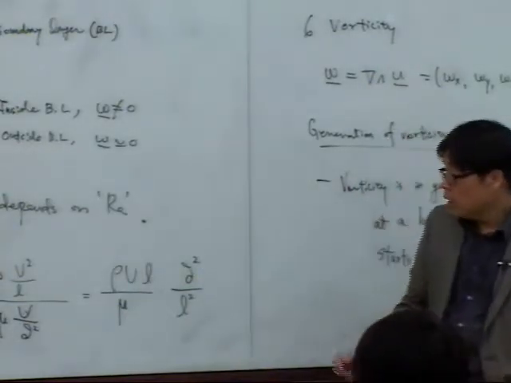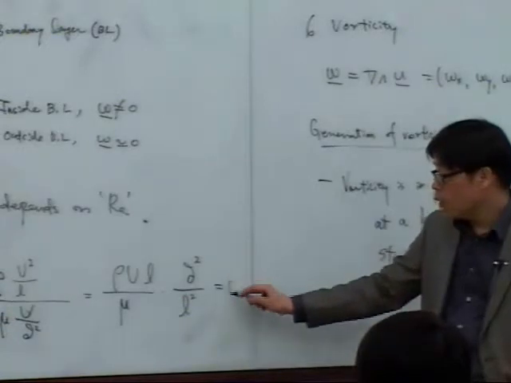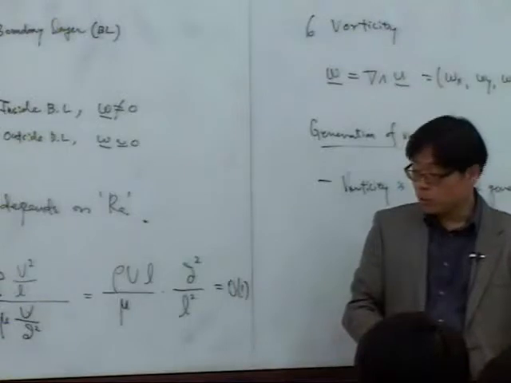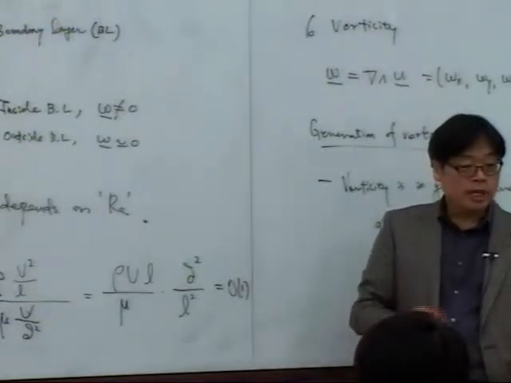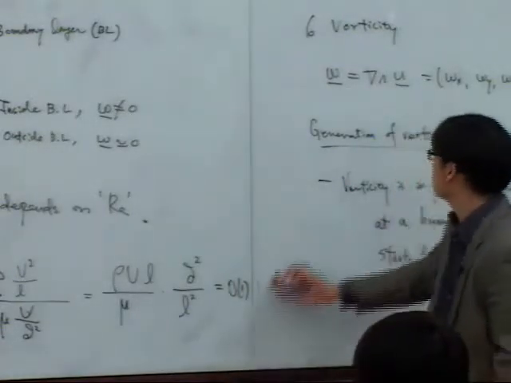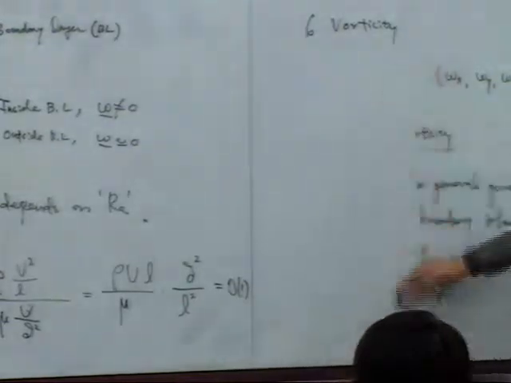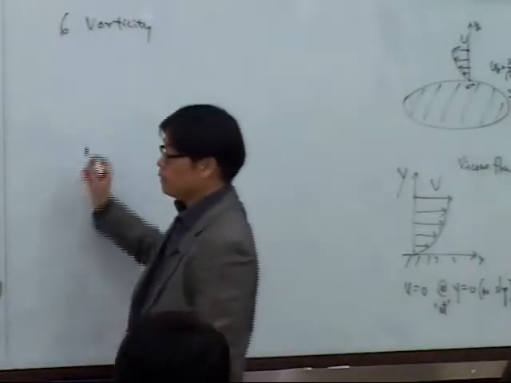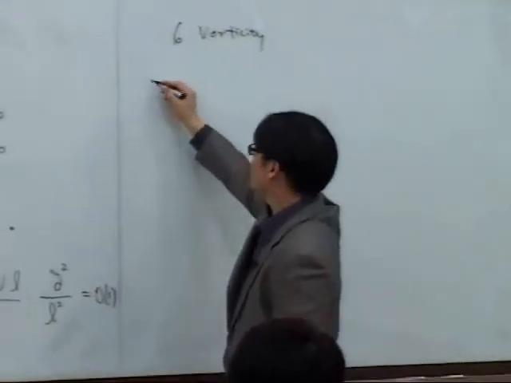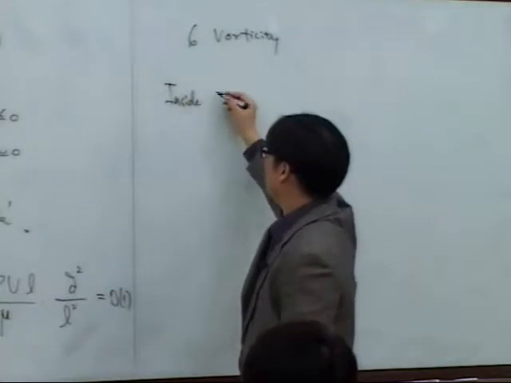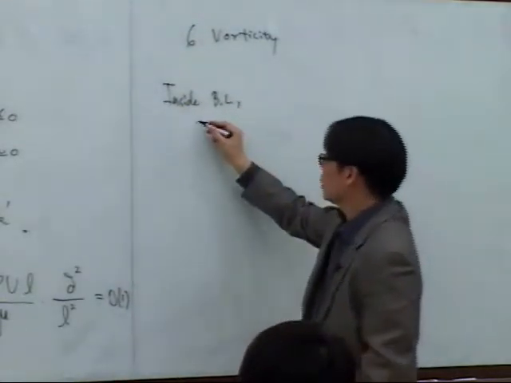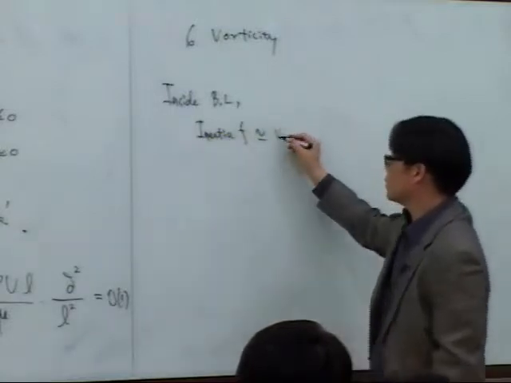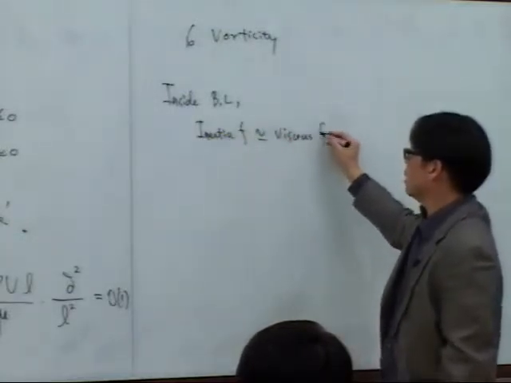Now, this guy has to be order 1, meaning that the order of magnitude of this term has to be order 1, because inside a boundary layer, viscous force is as important as inertia force. So inside boundary layer, inertia force is almost the same as viscous force.